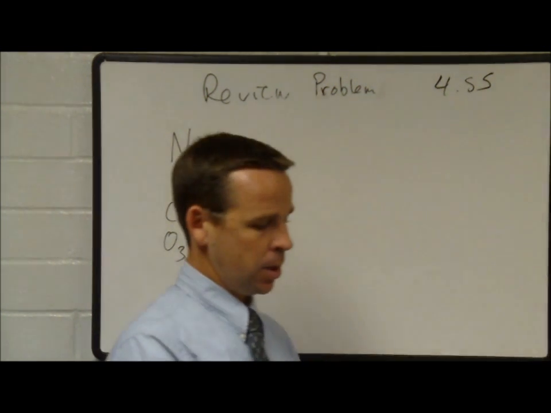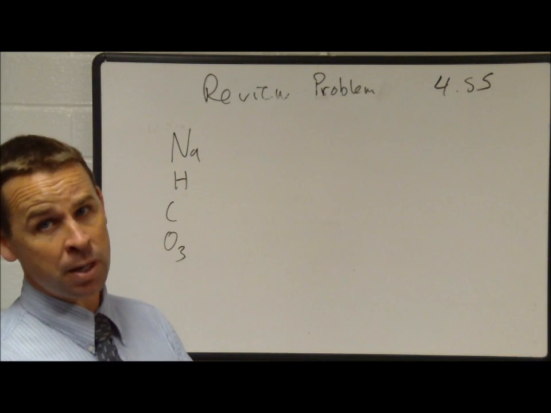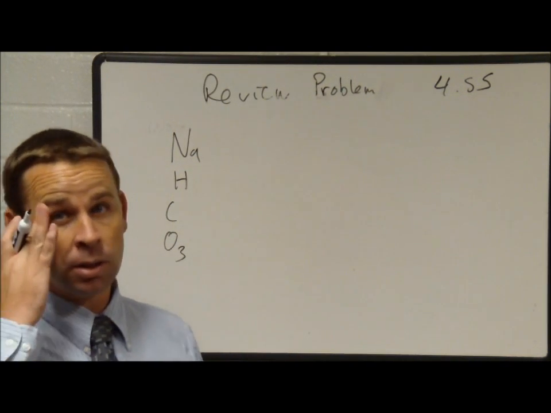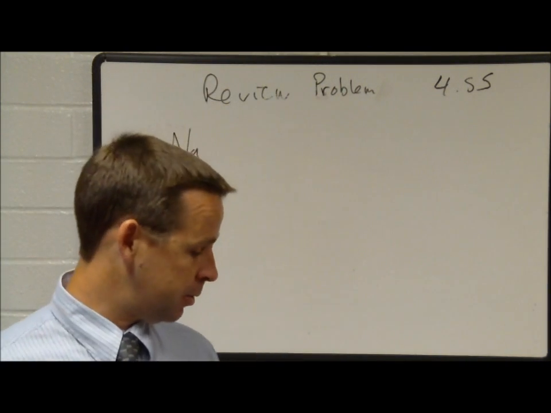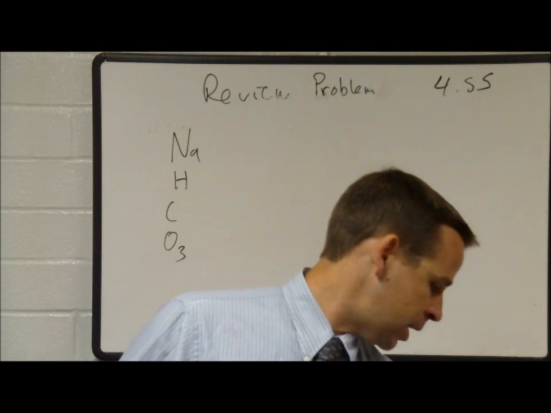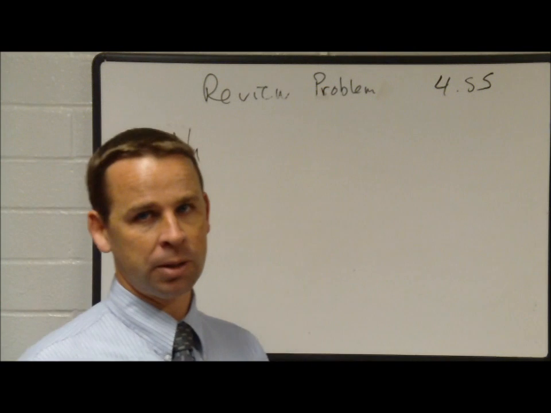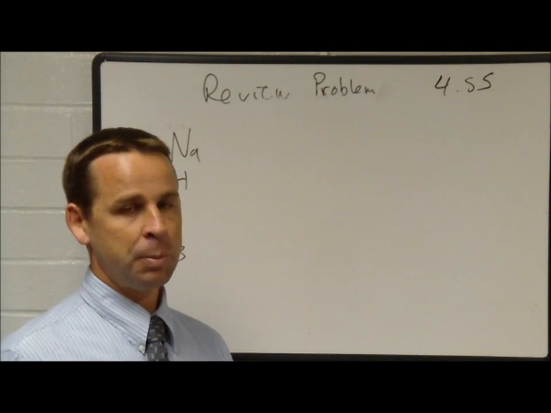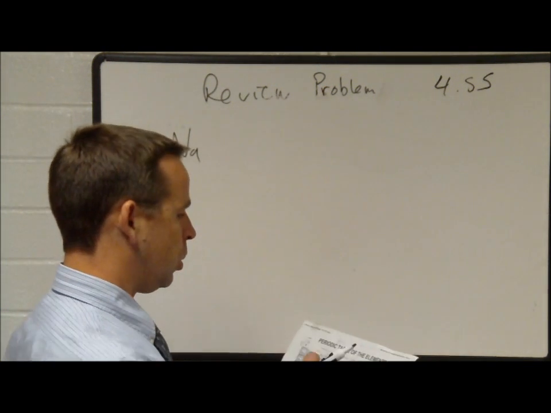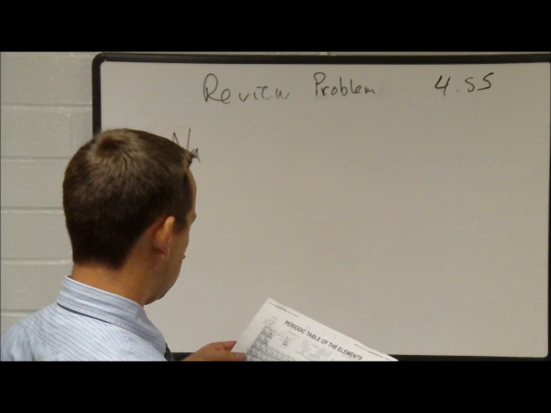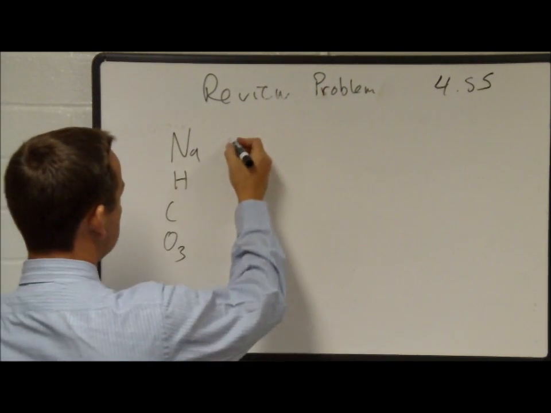I'm looking for my periodic table here. I'm just going to use the numbers that I have here. To get the maximum number of digits possible, you just have to use the masses that they give you in the front cover on your periodic table. So sodium, what do we got? 22.990.